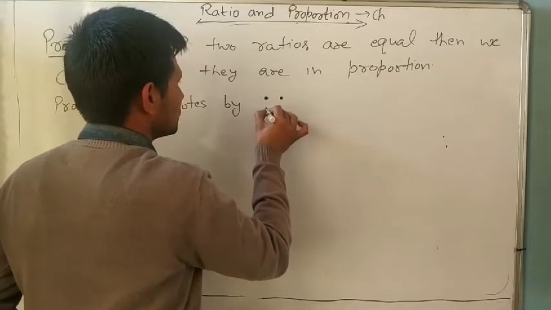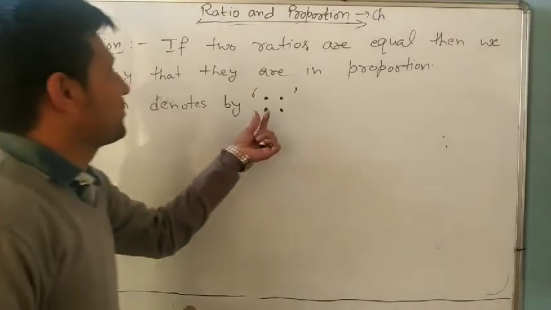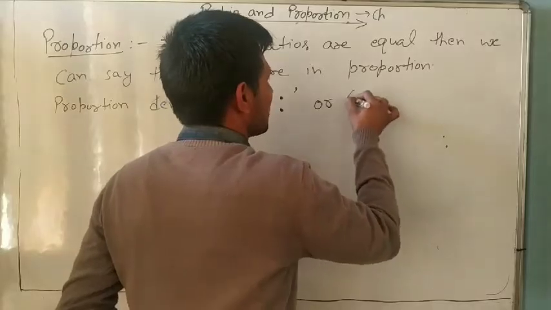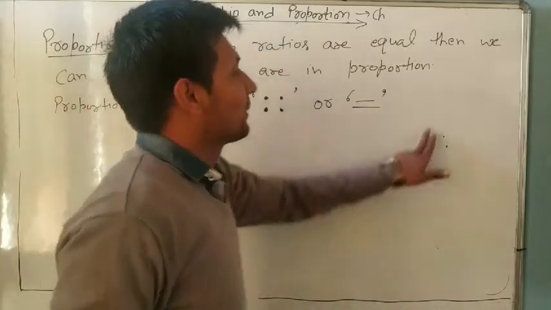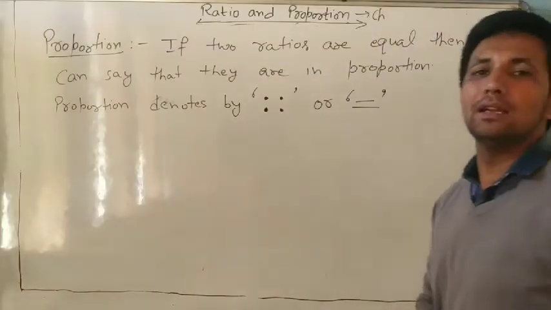It is the symbol of proportion. Either you write four dots or you can denote it by an equal sign. Proportion is always denoted by four dots or an equal sign.